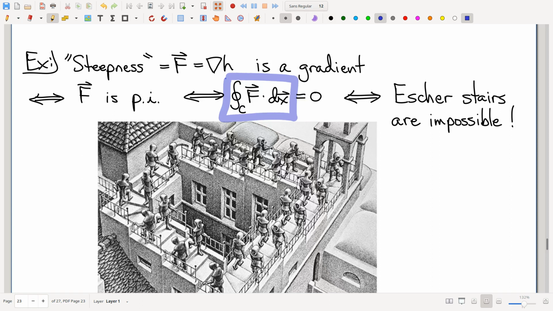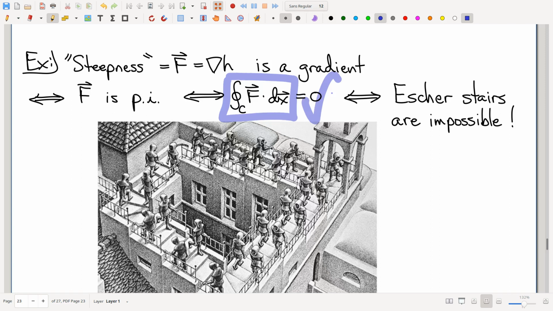But looking at the art, the art would suggest that as I go clockwise around this staircase, if all of my altitude gains independently are positive, that would suggest the sum of those altitude gains would be positive, but it can't be because it has to be zero.